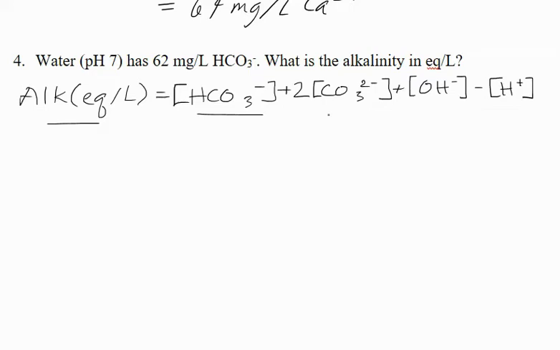So let's first start with this first assumption: we're going to assume that carbonate is negligible. If you know a little bit about carbonate species and pH, you will know that that is probably true in our system.